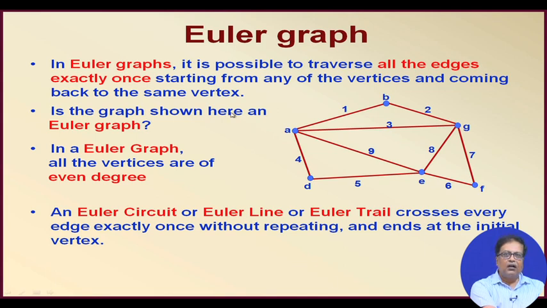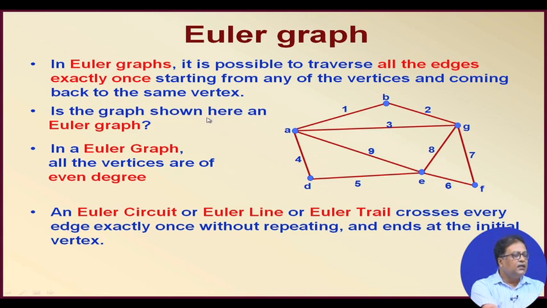So, it is an Euler graph because we have a closed trail, and this is sometimes called an Euler circuit or an Euler line or an Euler trail, right. This crosses every edge exactly once without repeating and ends at the initial vertex, right.